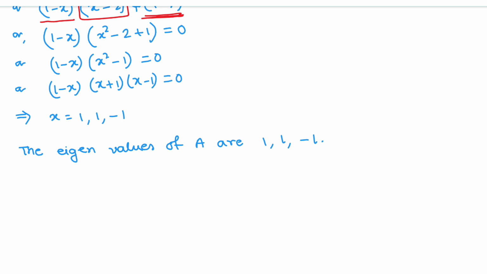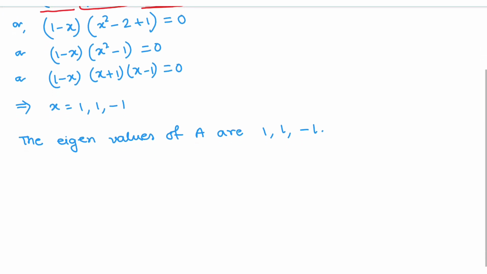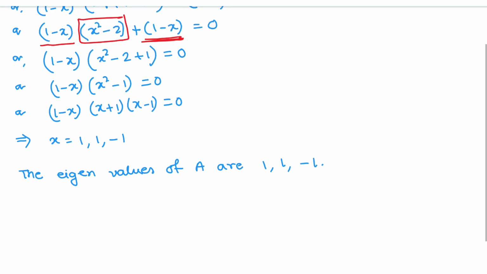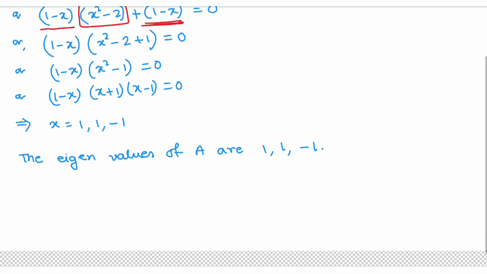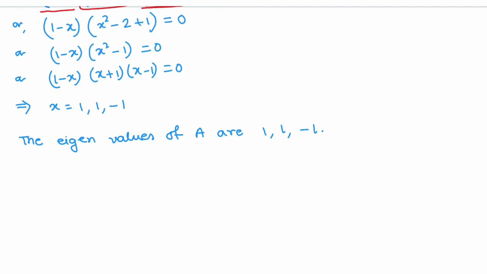Okay, I think it is clear. Now, eigenvalue is a very easy concept. Yes or no? Eigenvalue is a very easy concept. Just you have to solve the characteristic equation. Now come to the next topic, that is eigenvector.